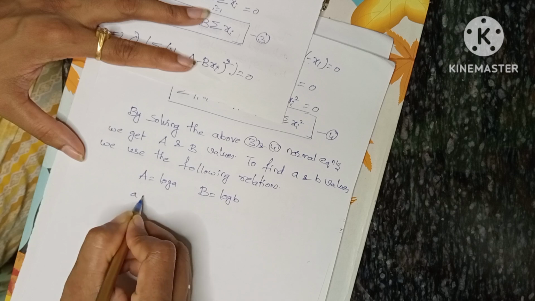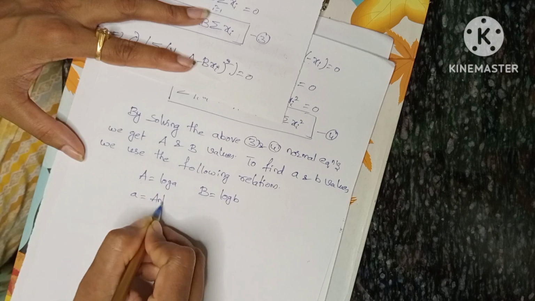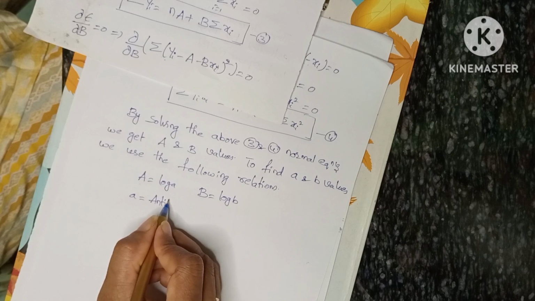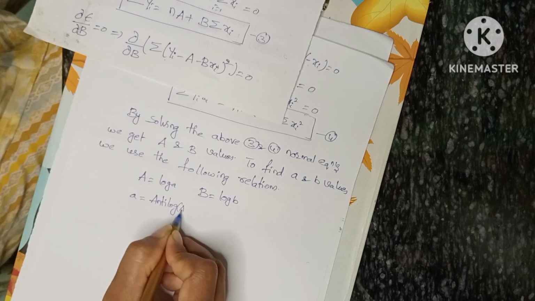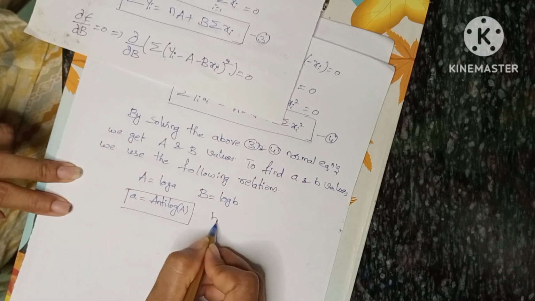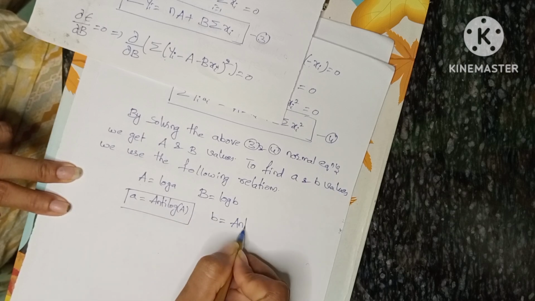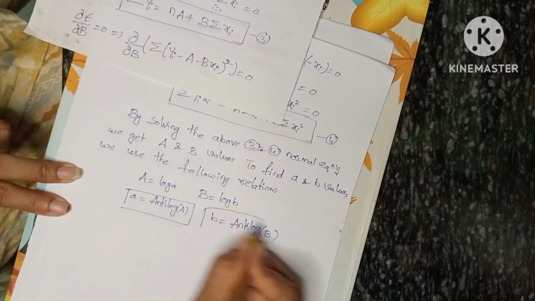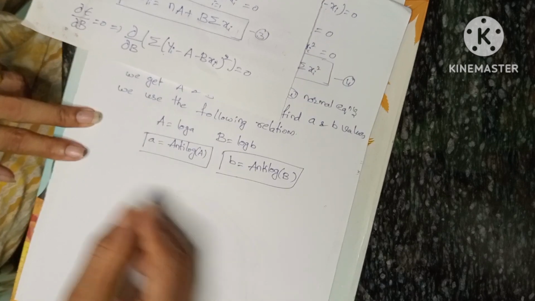So we want a, no? So a equals anti-log, log is transferred from RHS to LHS, anti-log of capital A. This is the a value. Okay, next b equals anti-log of capital B. Okay, so like this we can find the a and b values.